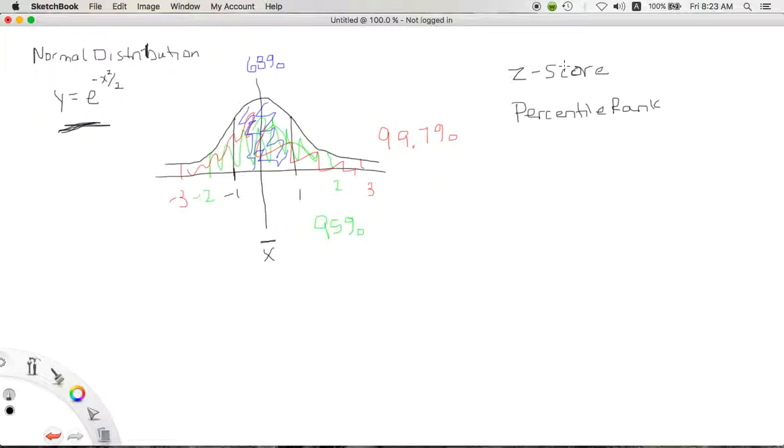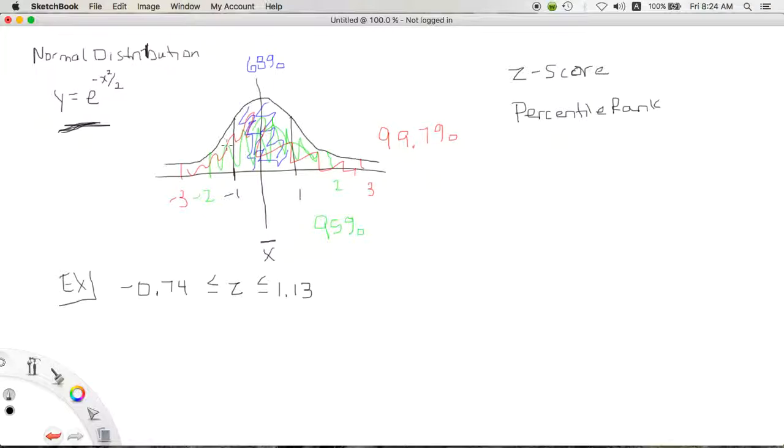It's just a statistic. So let's do a couple of examples with the z-score. Let's say we have a z-score between -0.74 and 1.13, and I want to know the percent of values in this interval.